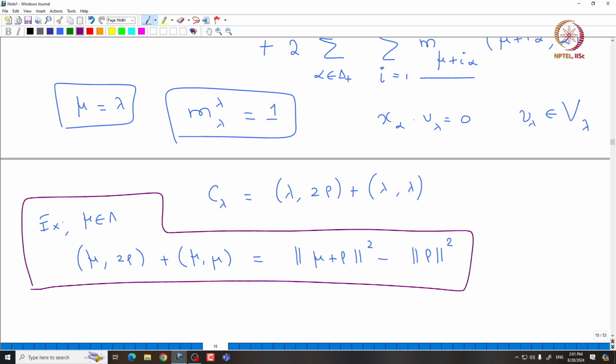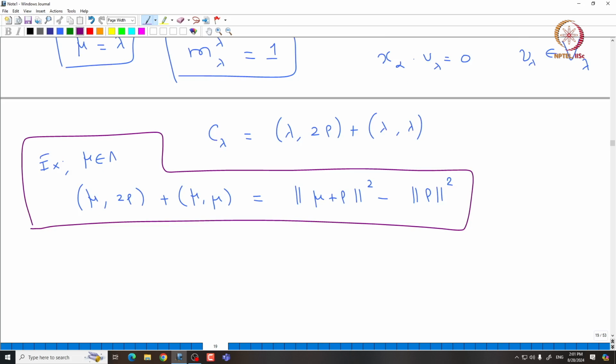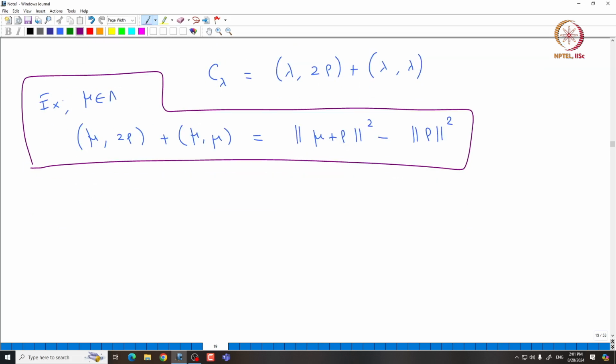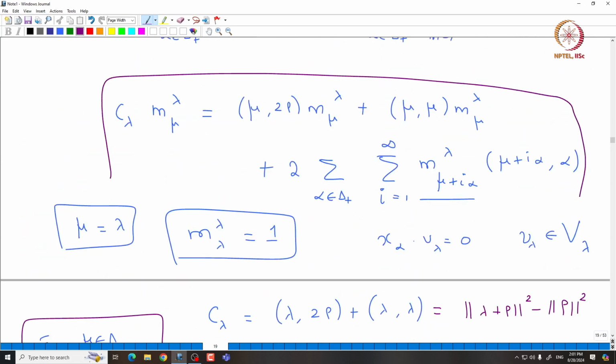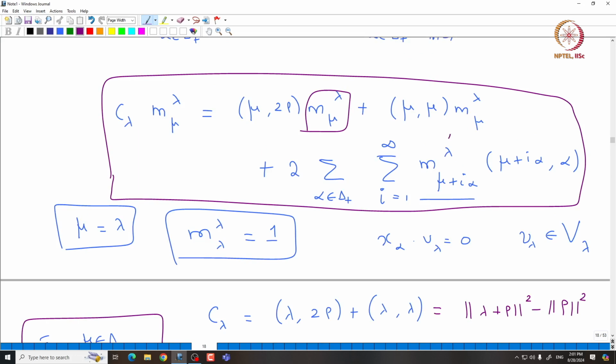So, if you take any mu coming from lambda, the inner product that we have in the summations, (mu, 2 rho) plus (mu, mu), is nothing but the difference between the norm of mu plus rho squared and the norm of rho squared. Now, if you use that, then this becomes the norm of lambda plus rho squared minus the norm of rho squared. If you put back in this equation, because the terms with m_lambda(mu) are on both sides, it will become the difference.